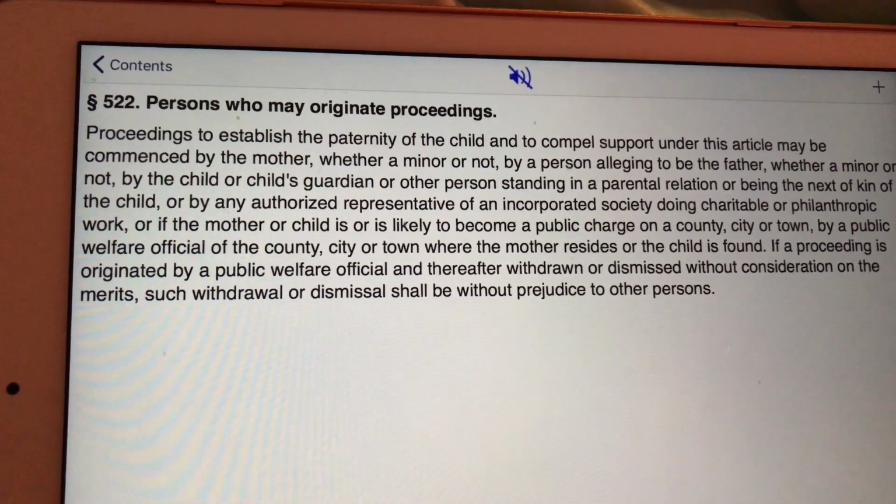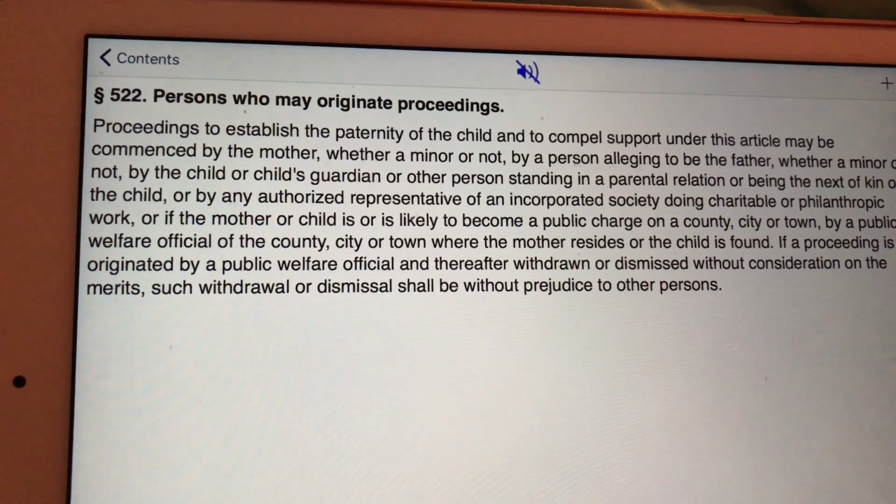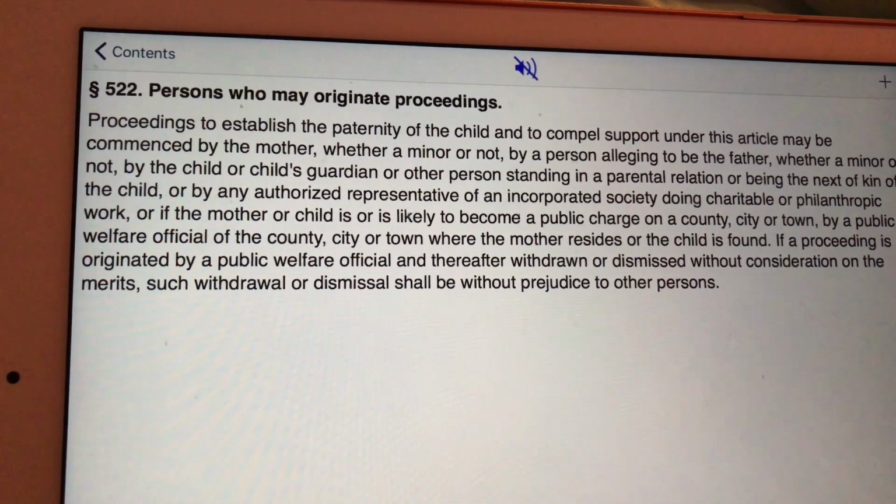If a proceeding is originated by a public welfare official and thereafter withdrawn or dismissed without consideration on the merits, such withdrawal or dismissal shall be without prejudice to other persons.